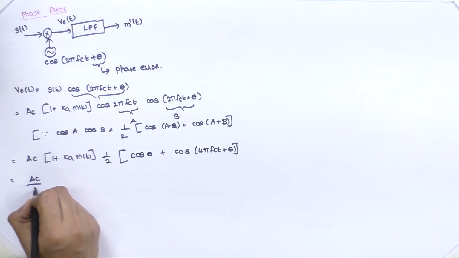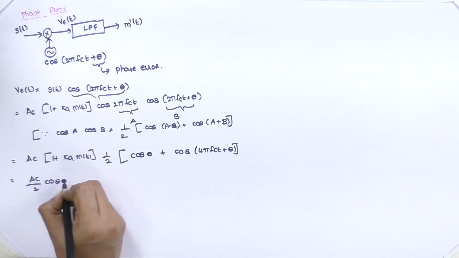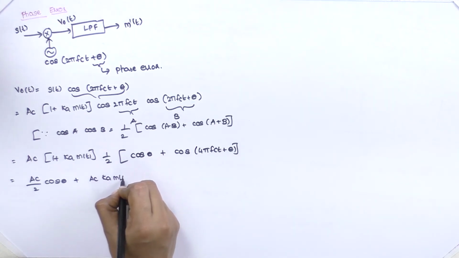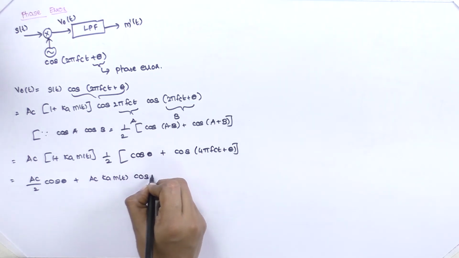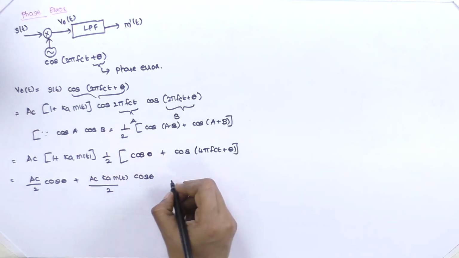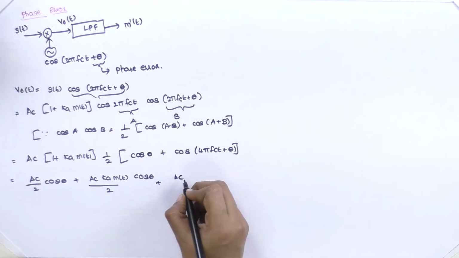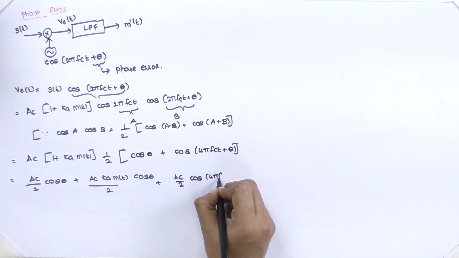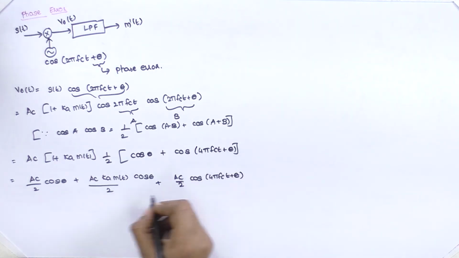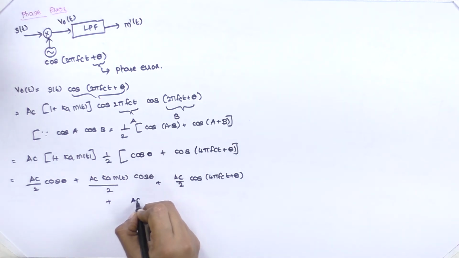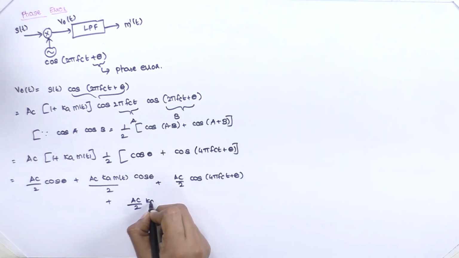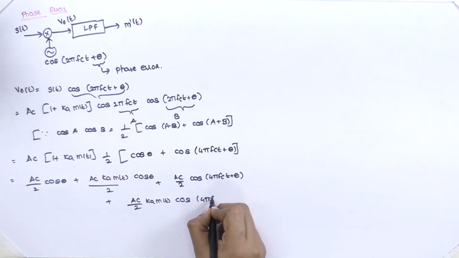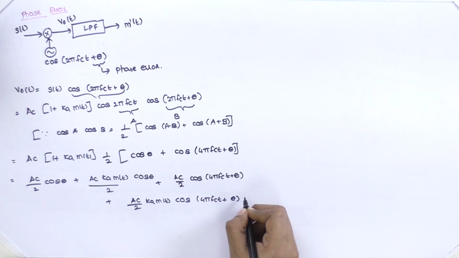Therefore, when we take this inside, AC by 2 cos theta plus AC Ka m of t cos theta divided by 2, plus AC by 2 cos of 4 pi fct plus theta, plus AC by 2 Ka m of t into cos of 4 pi fct plus theta.